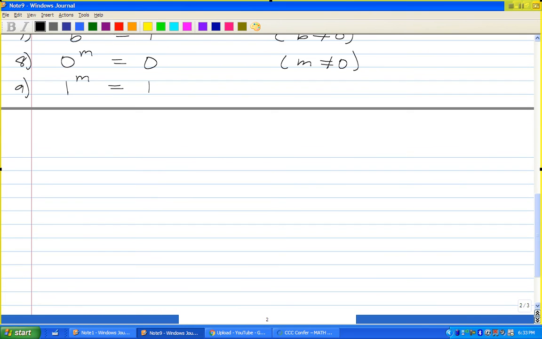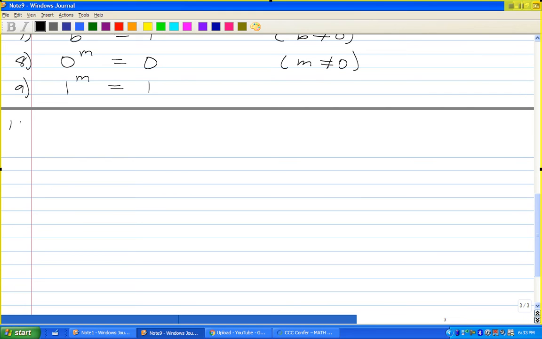And we'll see this more in the future. b to the power negative m is equal to 1 over b to the m. Definitely here you don't want the base to be 0, so you're not dividing by 0.